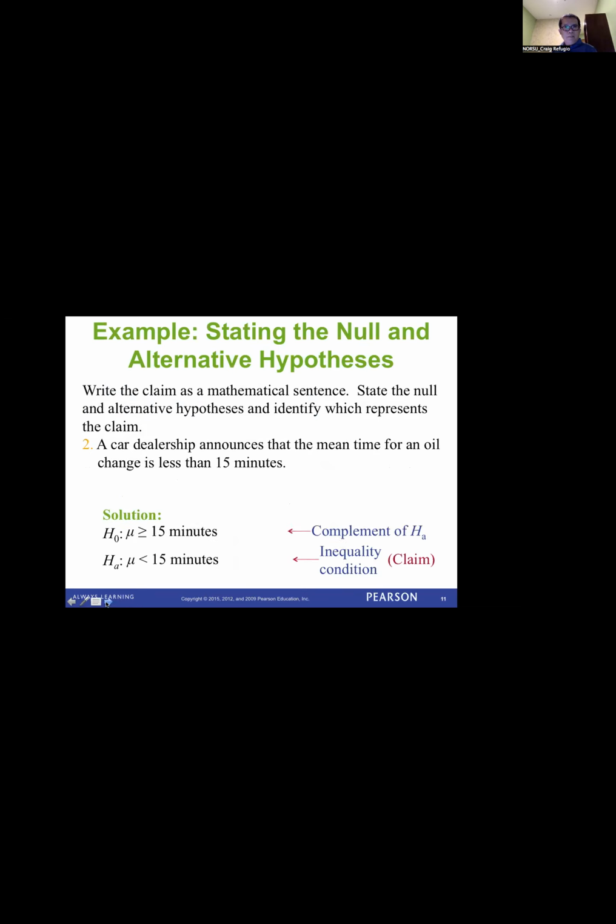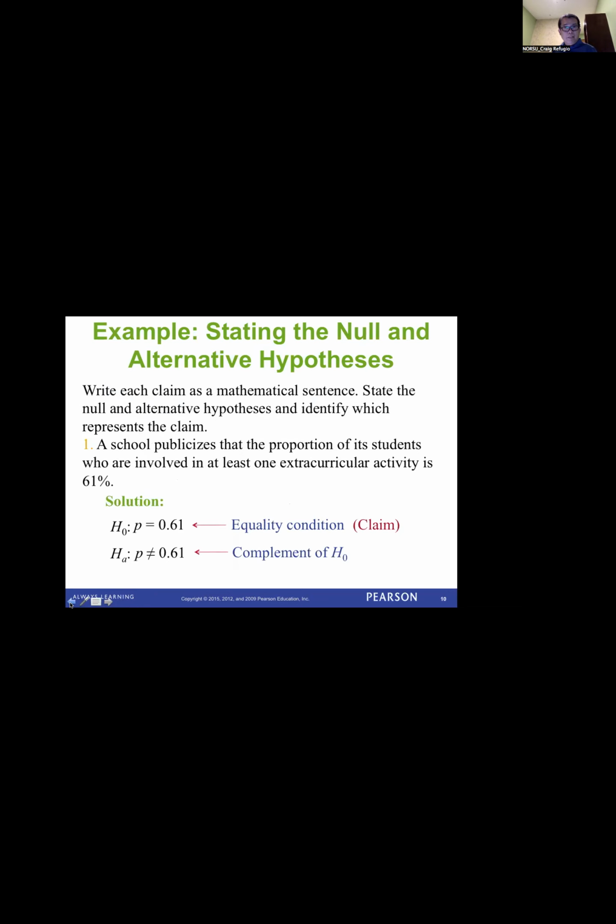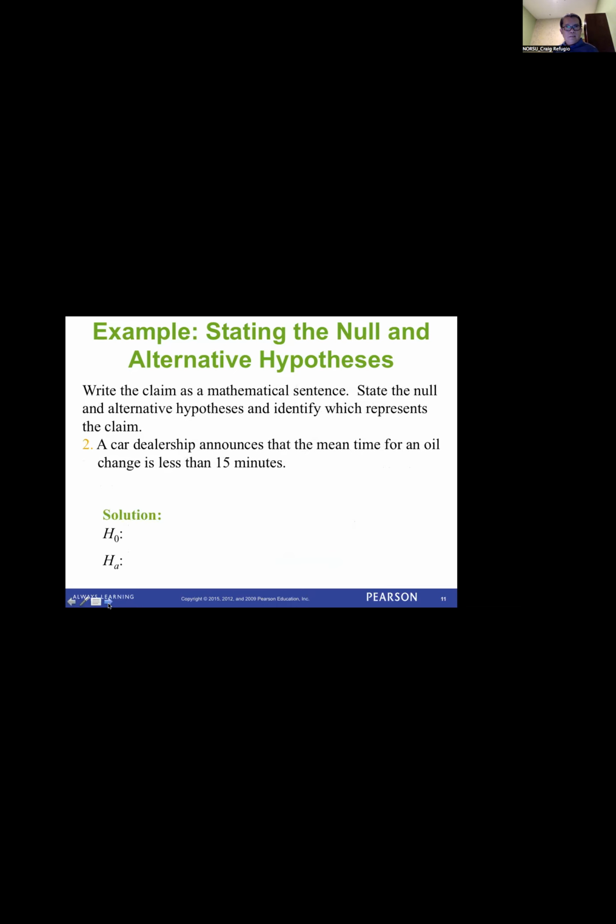That's example number 2. And for example number 1, if you have not taken a picture, you can take a picture of example number 1, and then you can take a picture of example number 2.